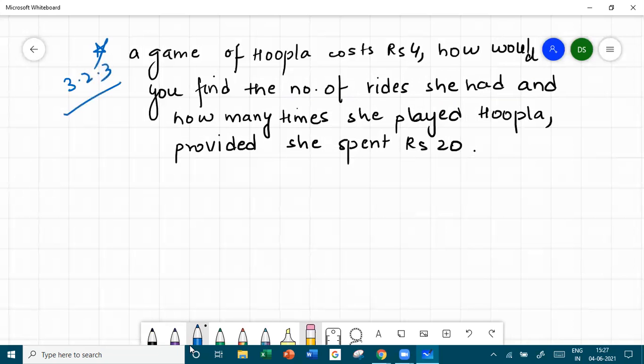Ma'am, we also have that each ride cost 3. So that is there in the question itself, right? So this part is missing in the question. Yep. So just note this down. Missing info.